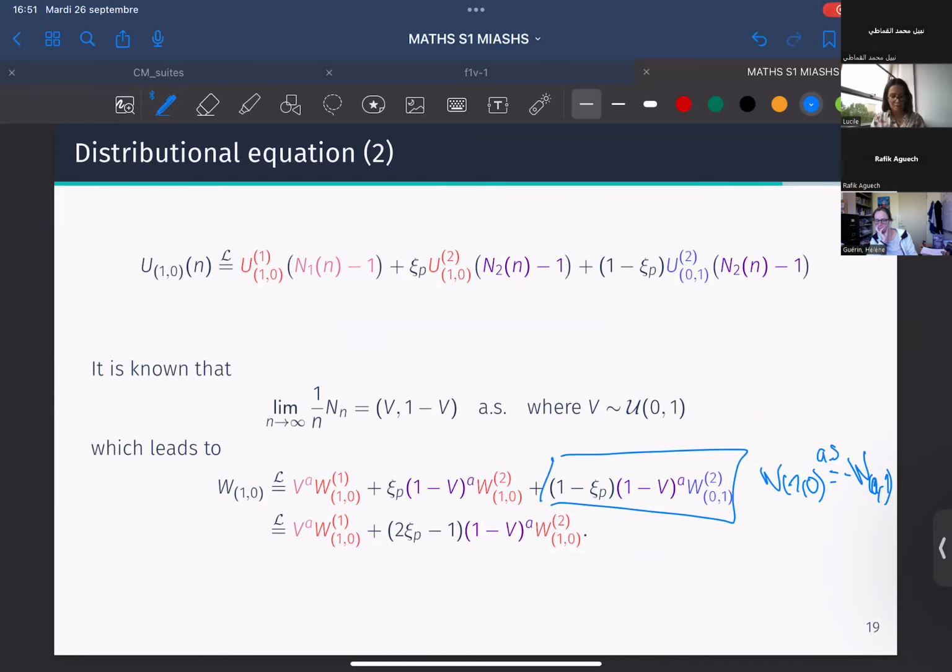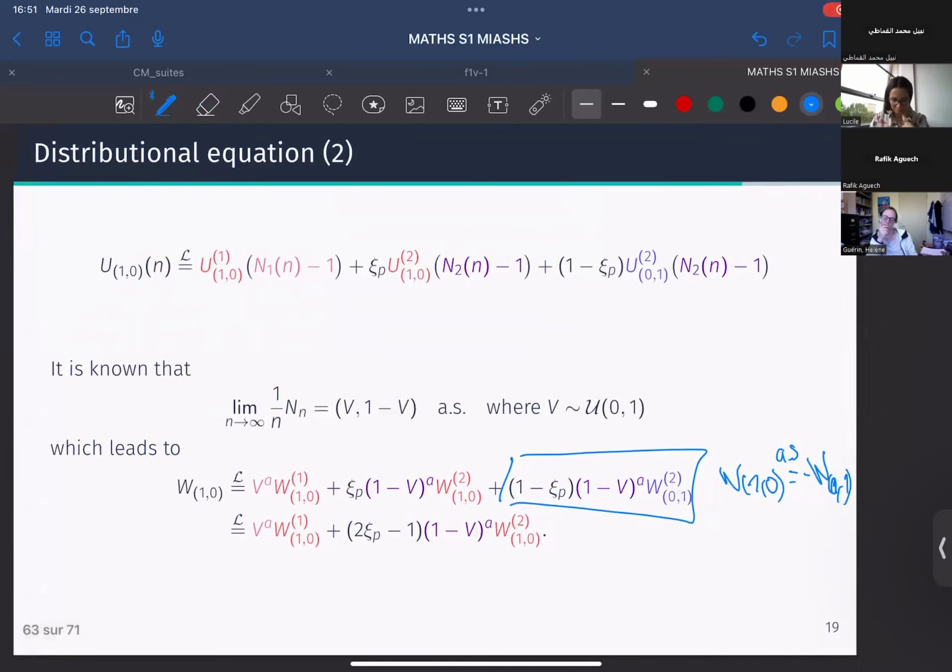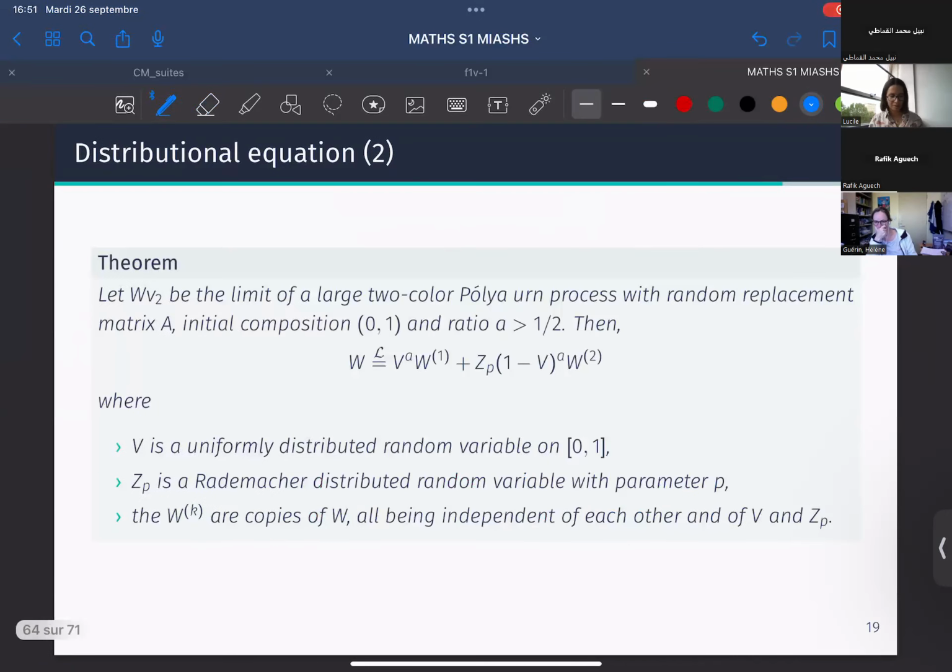And so we have a fixed point equation just for W10. So this is the fixed point equation that we have. And then, thanks to this fixed point equation, we can show many things on the random variable W. And that means on the random variable L.